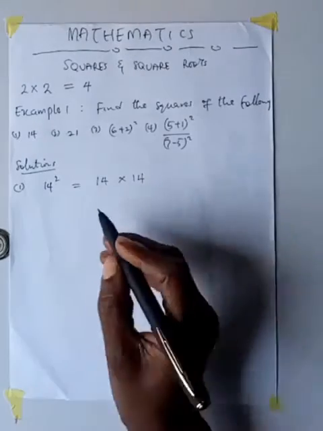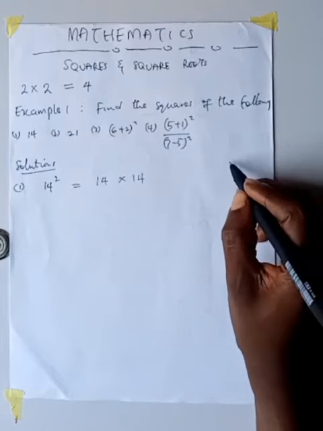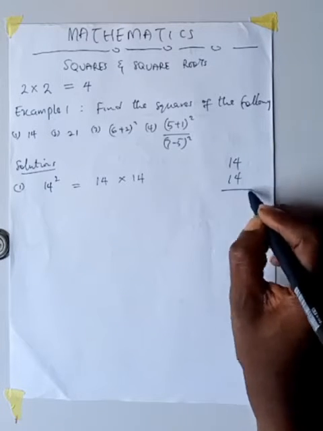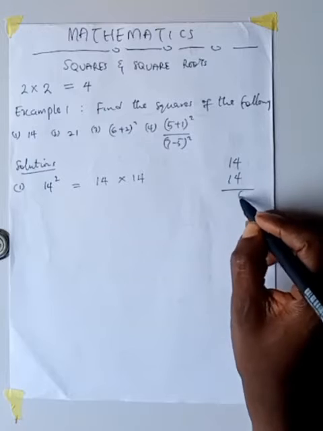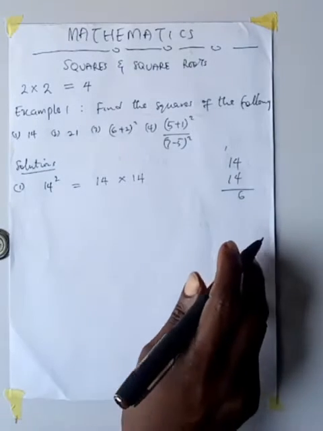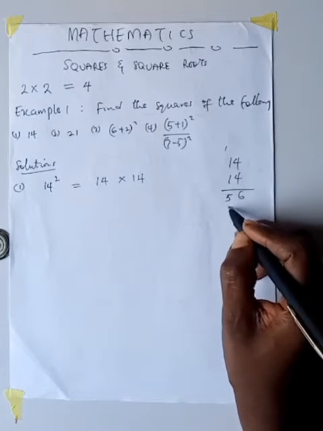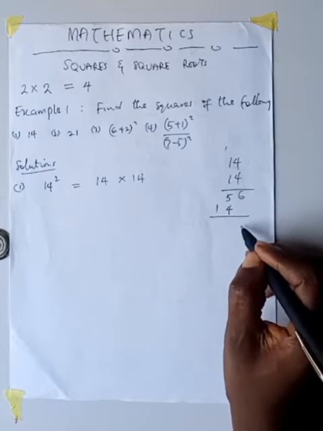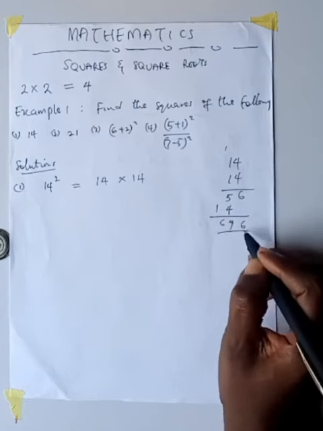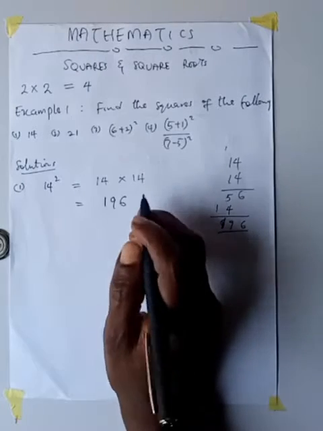By multiplication, it might be better we show the working. 14 times 14. 4 times 4 gives 16 with remainder of 1. 4 times 1 is 4, plus that 1 is 5. 1 times 4 is 4 and 1 times 1 is 1. The result is 196.